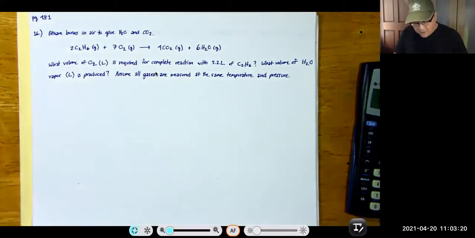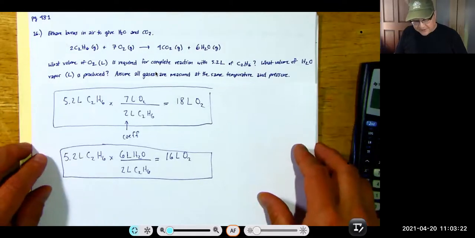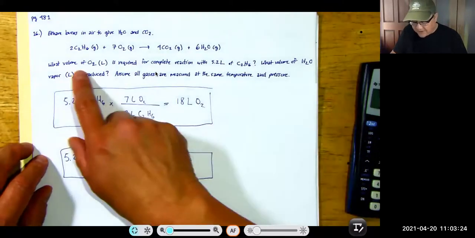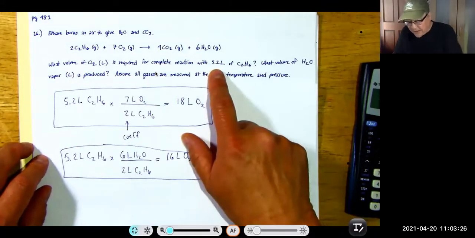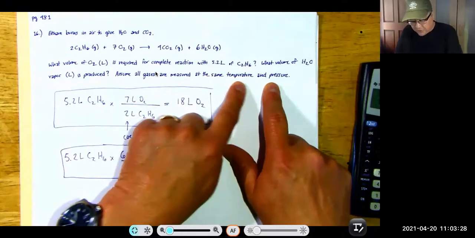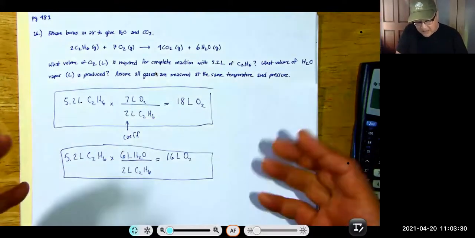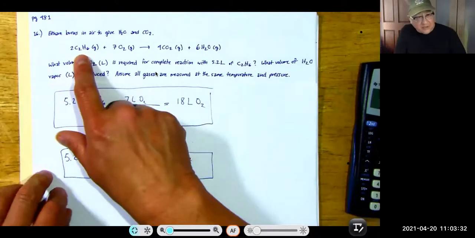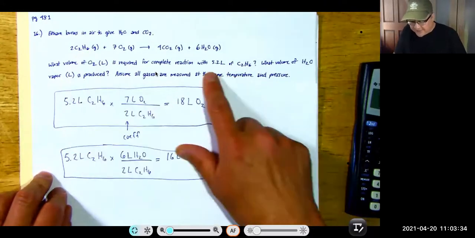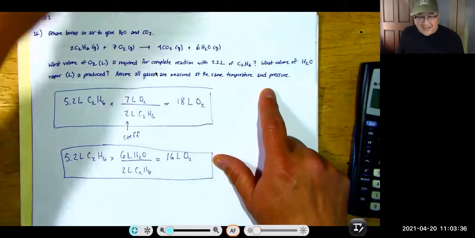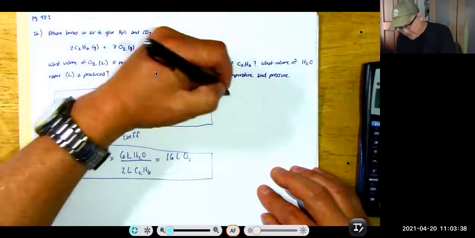Now, we could do this another way. For instance, we have for this 5.2 liters, we have the same pressure and the same temperature. We could solve for the moles of gas here based on this and this and this. And it gets ugly. So here is what I mean.